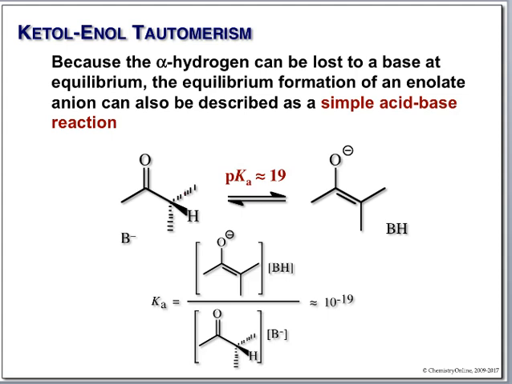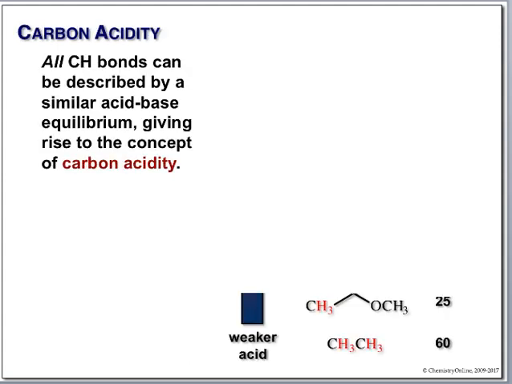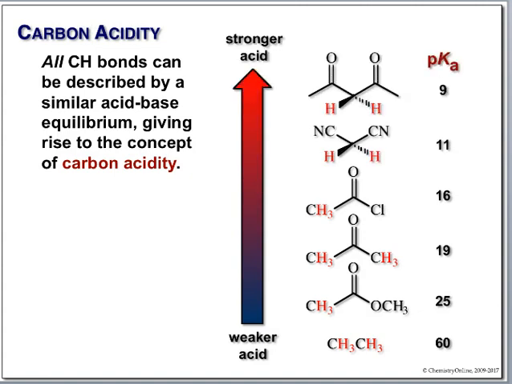A pKa of about 19 or 20 is typical for an aldehyde or a ketone. This is the concept of what we call carbon acidity. Carbon compounds in general are very, very weak acids.